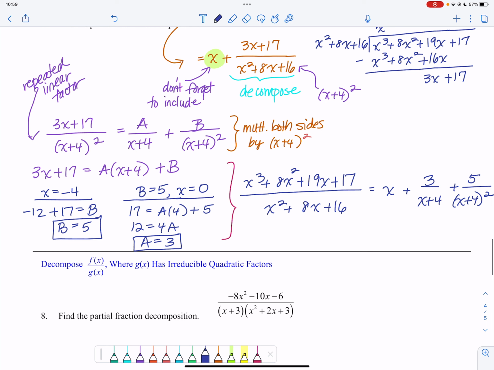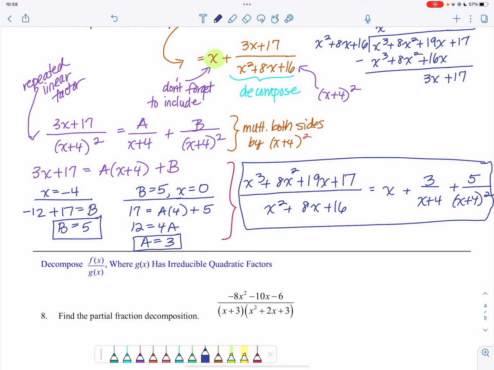And that is our rational function decomposed.